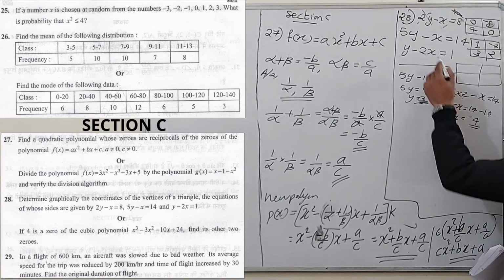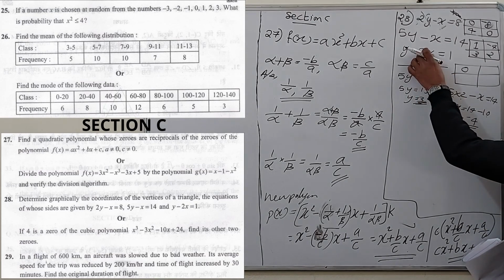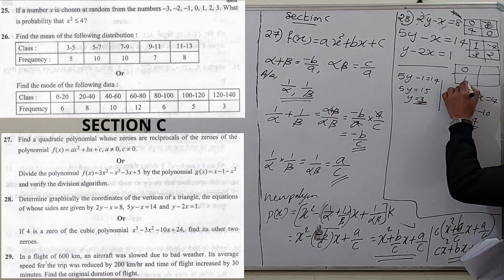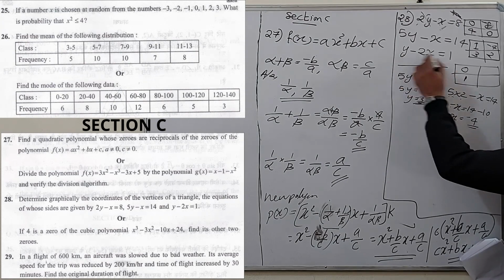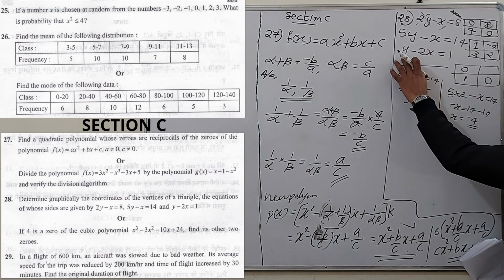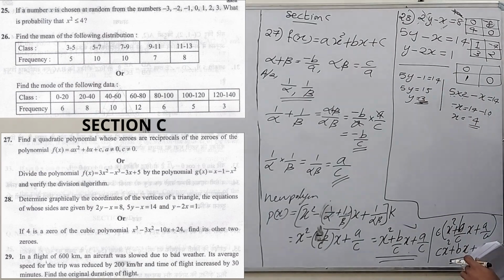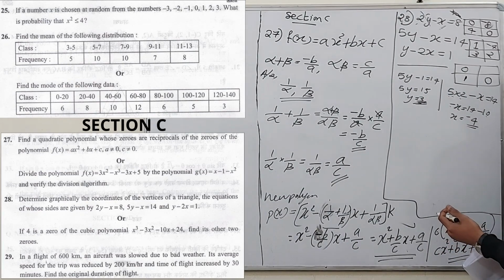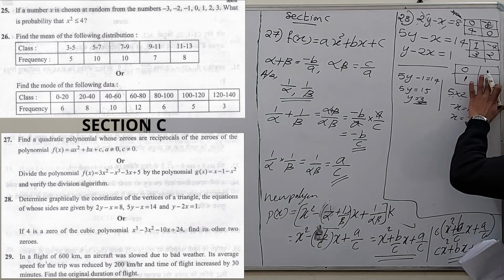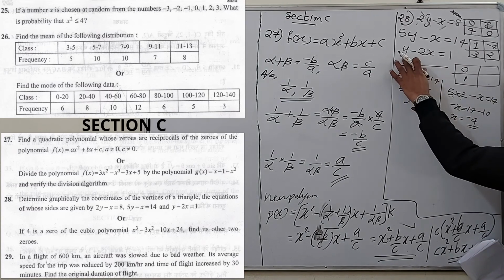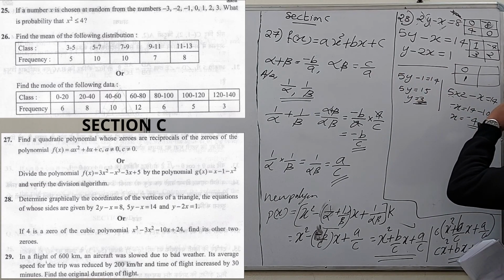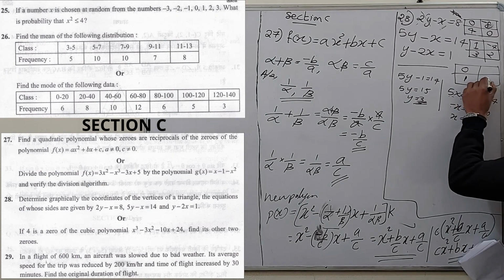And for this equation we can put x equal to 0 directly, so that this entire term will be 0, and y will be 1. Next, put y equal to 0, so we will get minus 2x equal to 1, and it will be a fraction. So it's better to avoid the fraction, let's put y equal to 3.